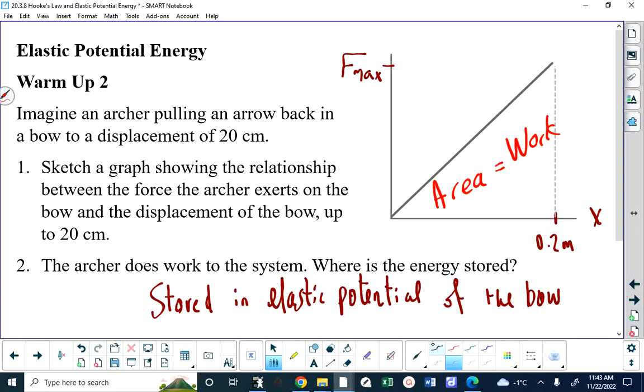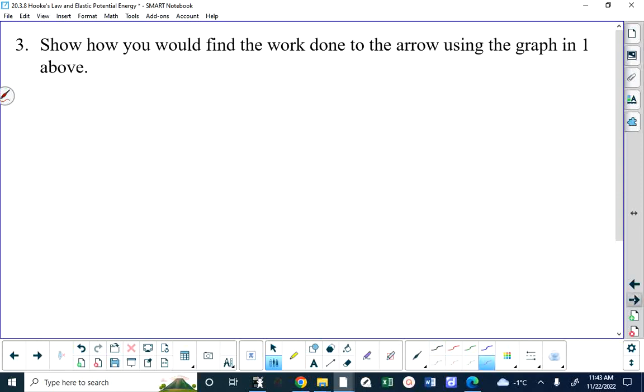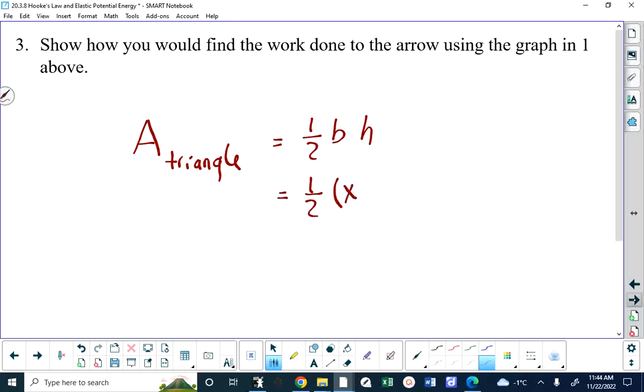Well, the area of a triangle is equal to 1/2 the base times the height. The base is how far it's been stretched. It's 0.2 meters, but I'm not going to put in the number, I'm just going to do this in a general way.